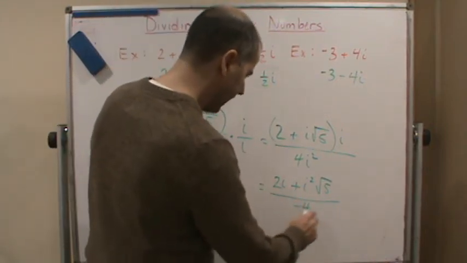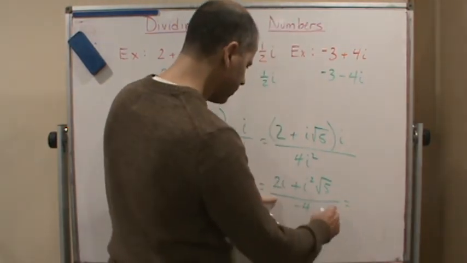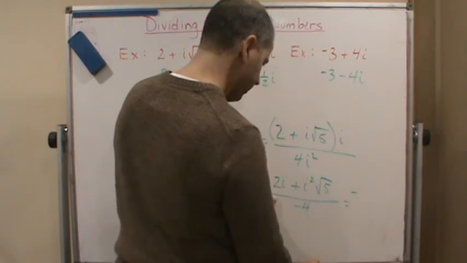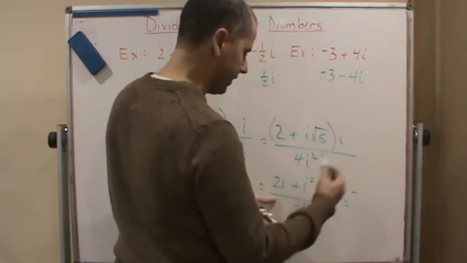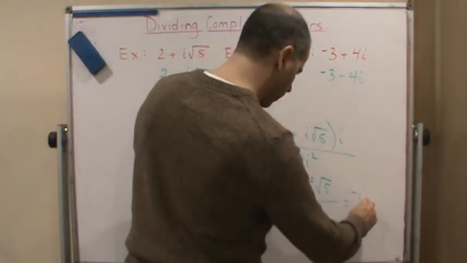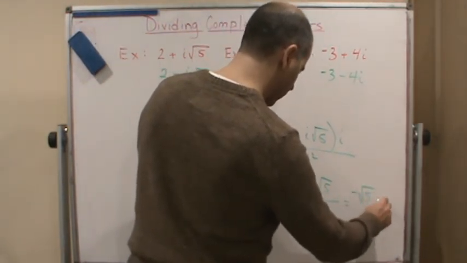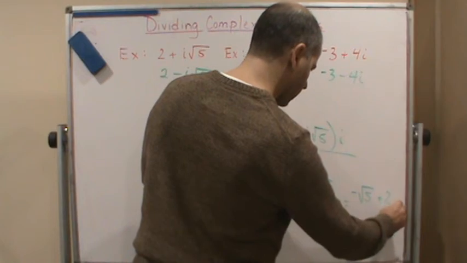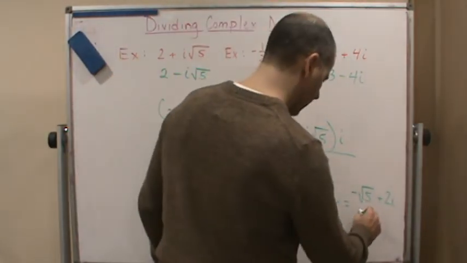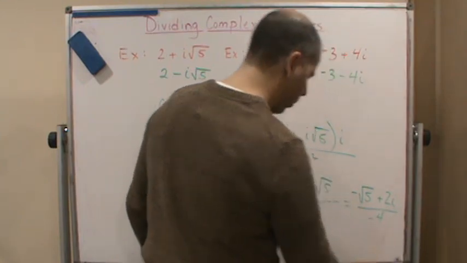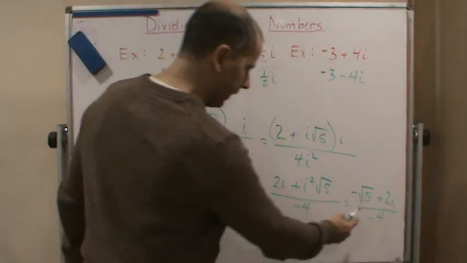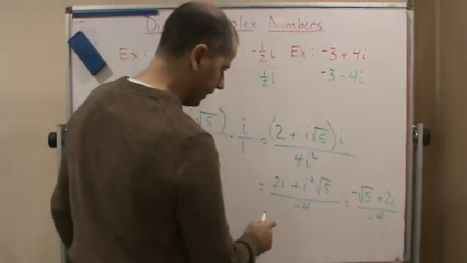And now, watch what happens. This becomes negative because this i squared is -1, so I get a subtraction here. My next step is I get negative square root of 5 plus 2i, over -4. Now I'm going to split it up into standard form, and again, negative divided by negative for both of these.